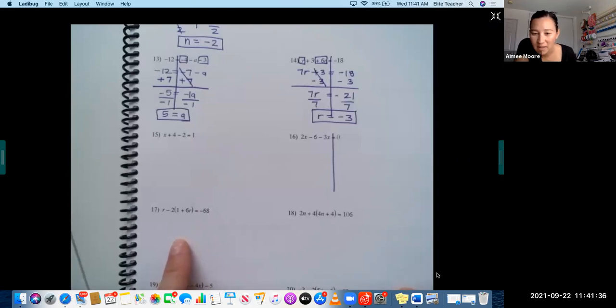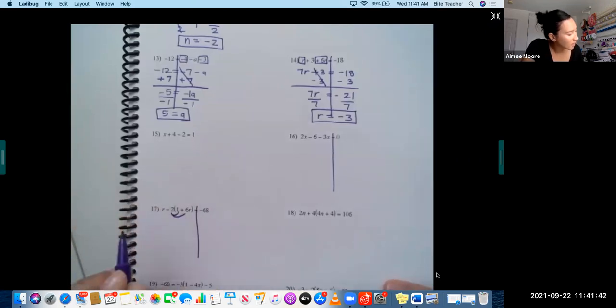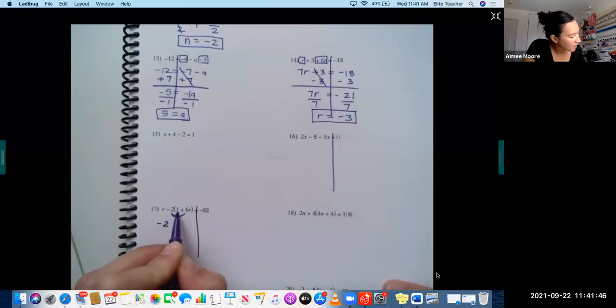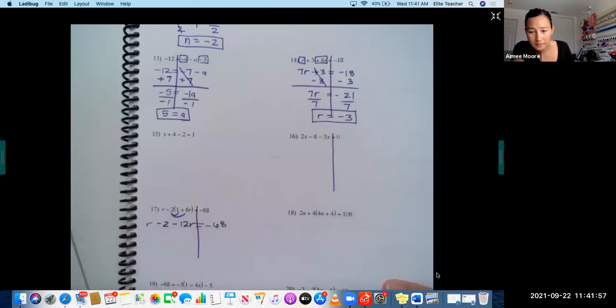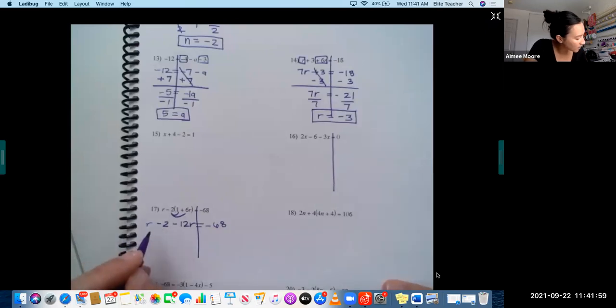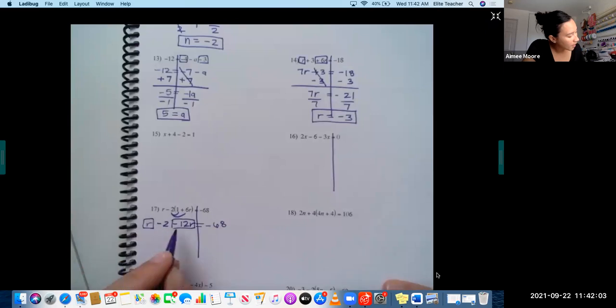Okay, you put it all in one. Rearrange, distribute, combine like terms, add 2 to both sides, and simplify. Okay, so let's distribute first. So we get -2, because -2 times 1, and then -2 times 6r, which is -12r. Then we bring down our r equals -68. And then he said next to combine like terms, so r and -12r, which would be -11r.